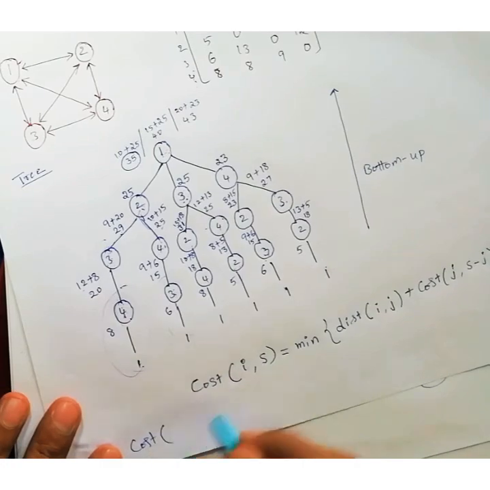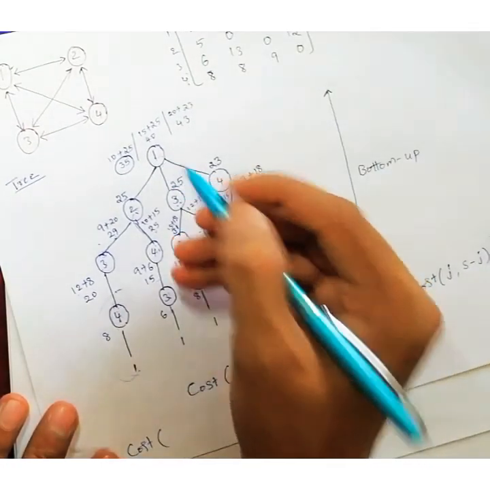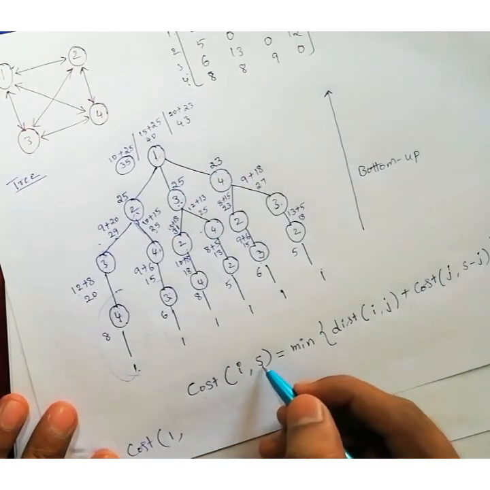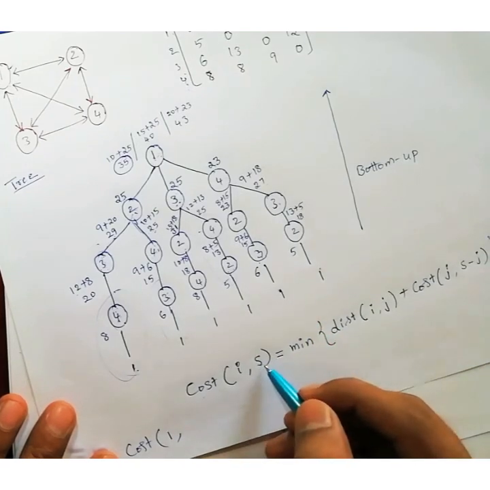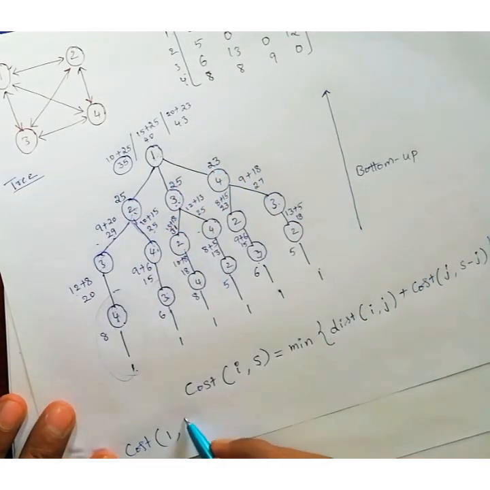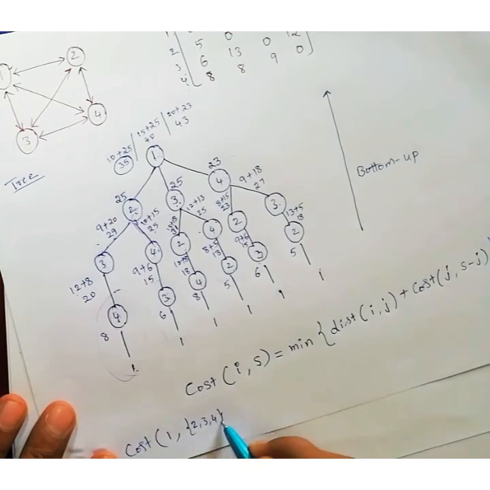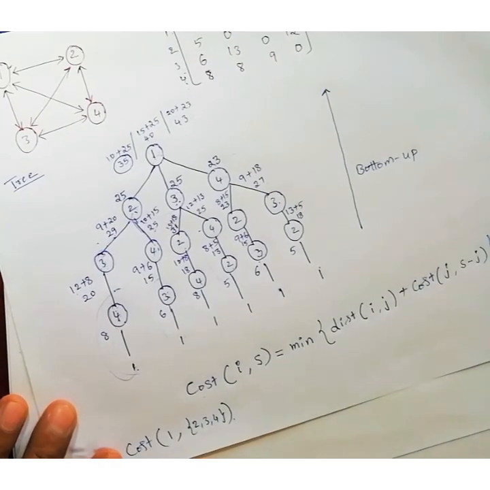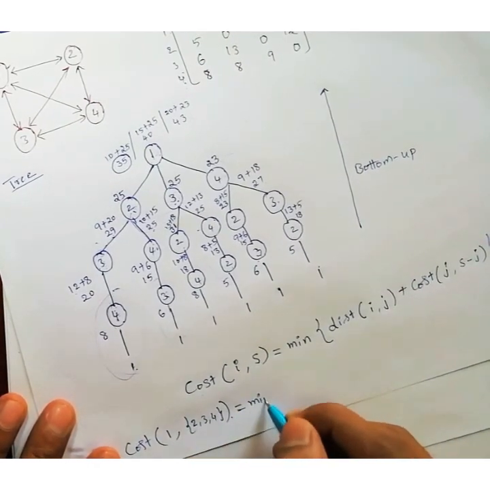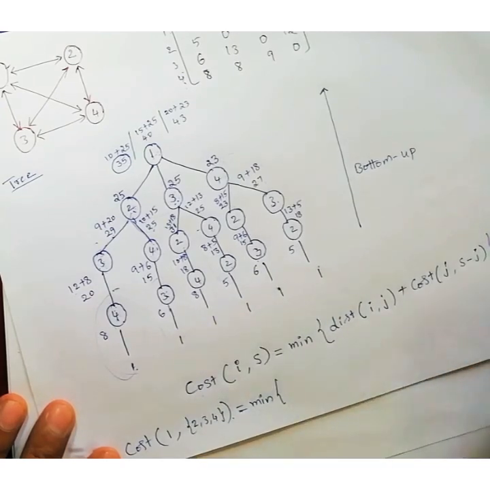Cost of, what is the final level vertex? 1 comma, vertex subsets contains how many vertices now? 2 3 4. That means set contains 3 vertices here. Cost of 1 is equal to minimum of, that means 3 terms we have to find here.